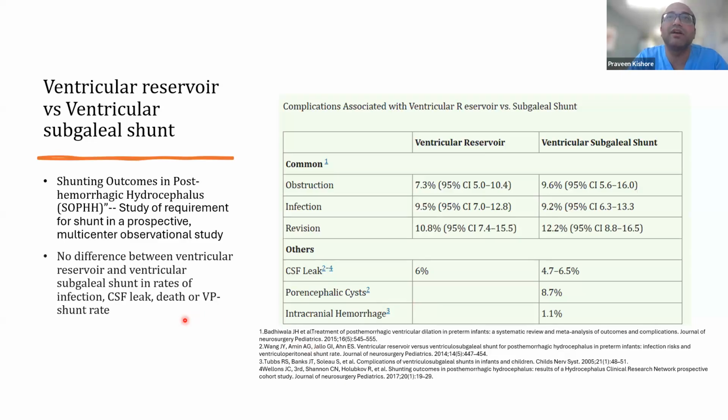The only benefit of a ventricular reservoir is that you can tap it when you want to, whereas a ventricular subgaleal shunt does not have that advantage. There have been other studies, and they saw no difference between ventricular reservoir and ventricular subgaleal shunt in rates of infection, CSF leak, death, or the rate of ventriculoperitoneal shunt needed.